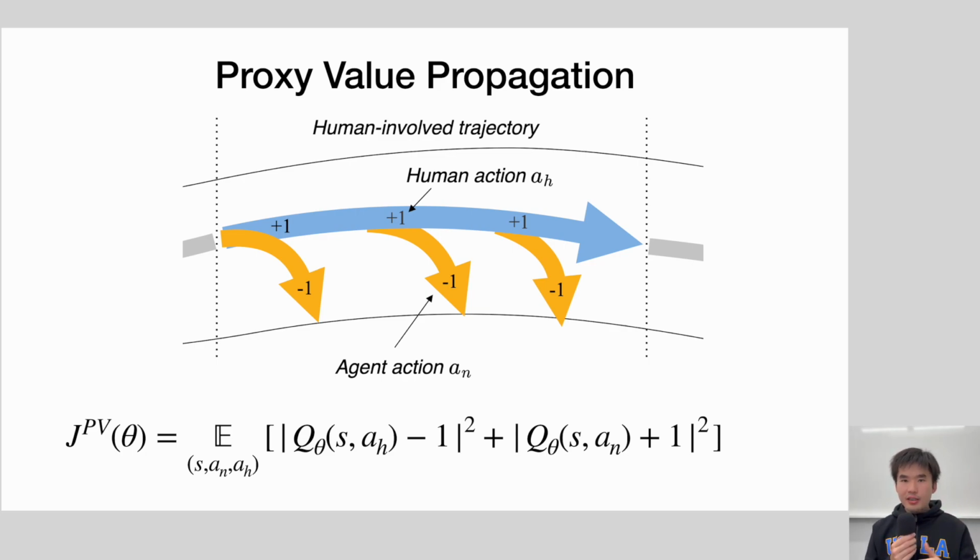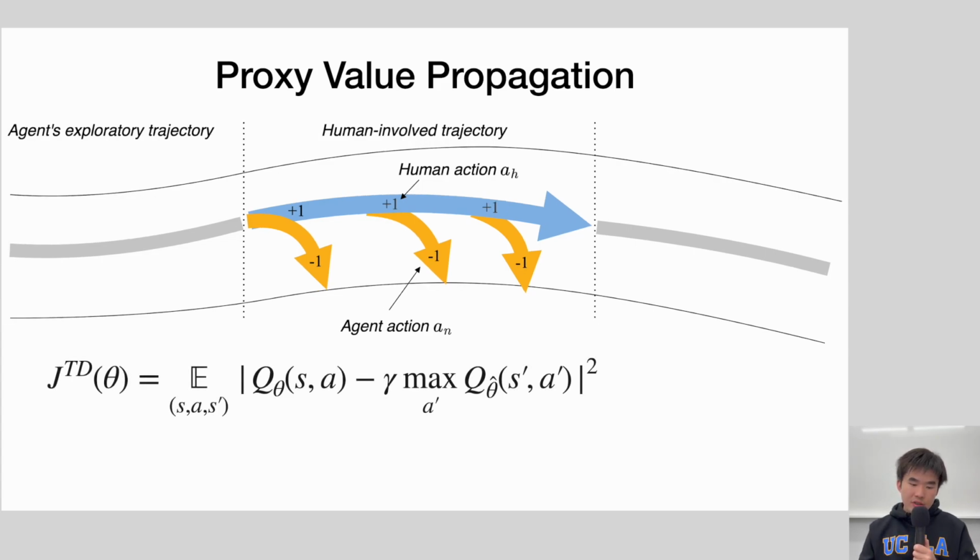To achieve this, in the proxy value objective here, we start by regressing the proxy value and assigning +1 values to the human actions. And vice versa, we also try to assign -1 values to the agent actions, a_n here. By using this objective, we let our proxy value function assign a higher value to the human actions and a lower value to the agent's actions.